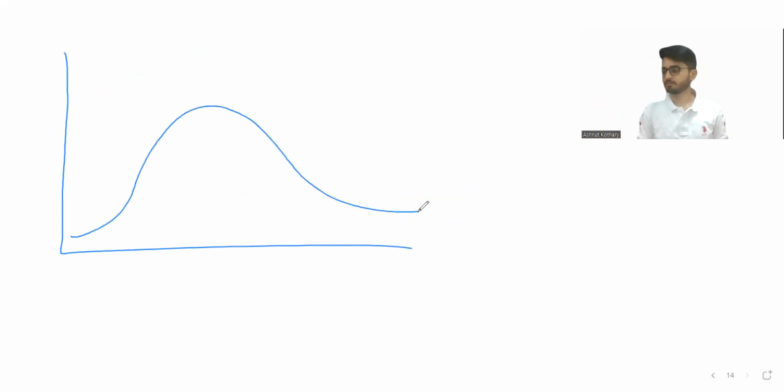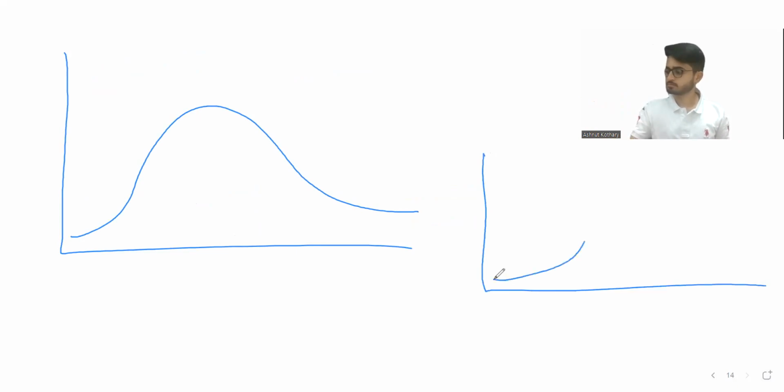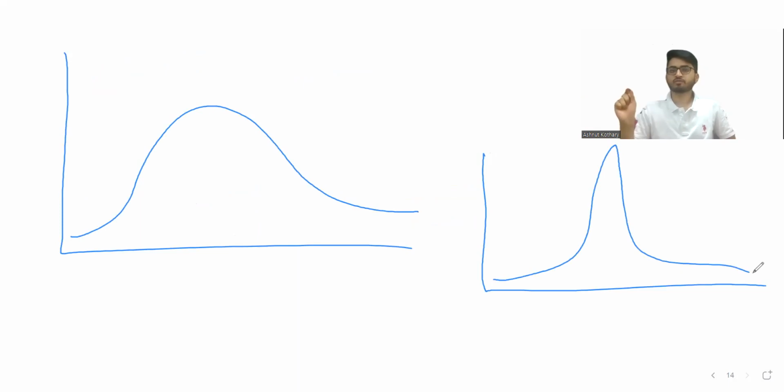This is one graph, and another graph which I draw is different in the thickness of the peak. If you draw them one below the other, you will see their mean is almost similar, their variance is also the same, and they both are symmetric in nature, but yet they differ.